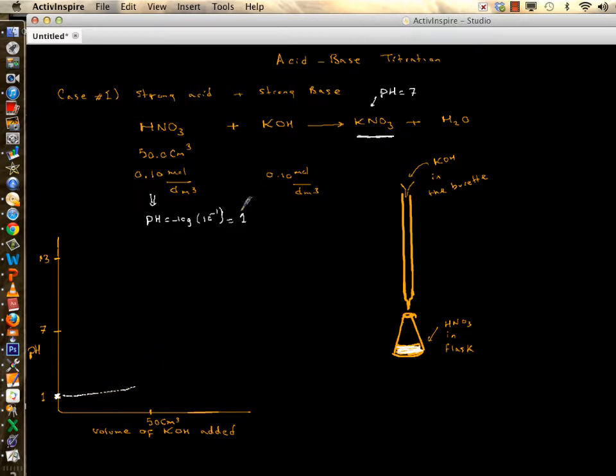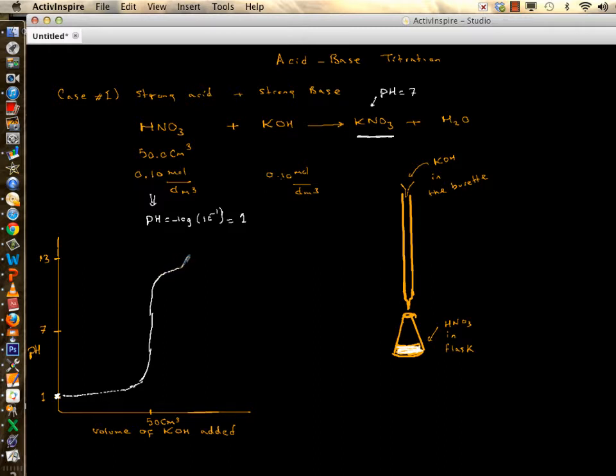Once you make it to 50 cm cubed, since they are exactly the same concentration, the reaction will be neutralized, and there is an immediate jump in the curvature, and it goes straight up, and then at about 11 it starts to level.